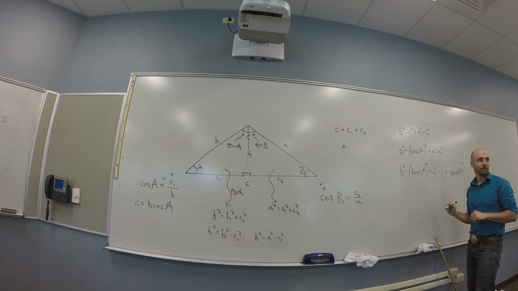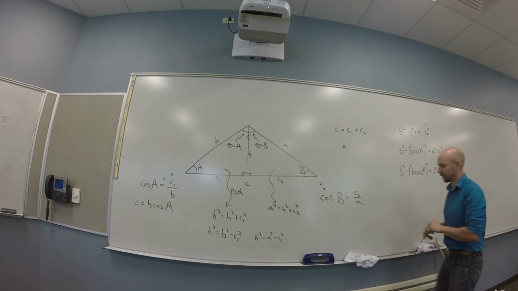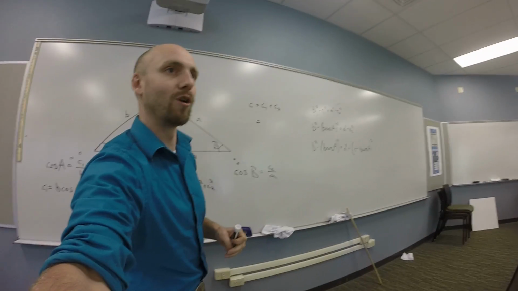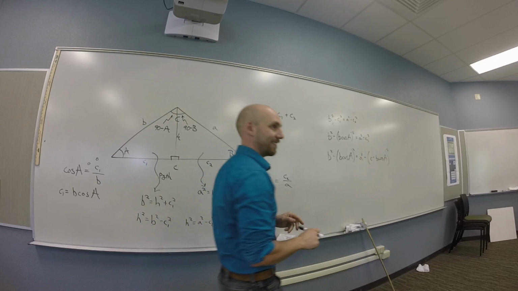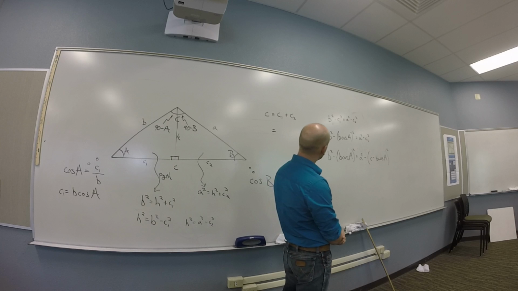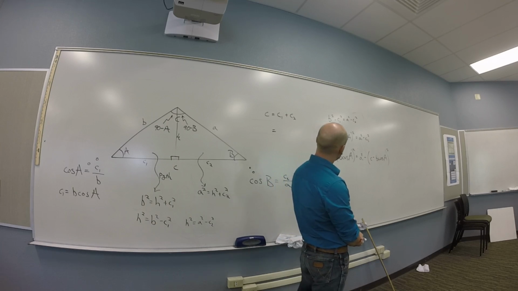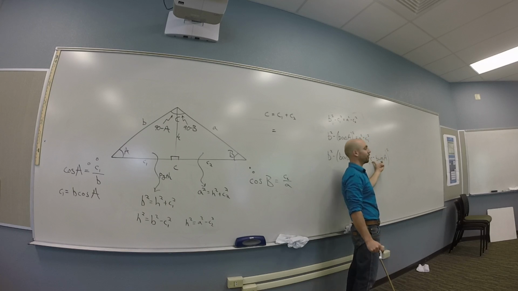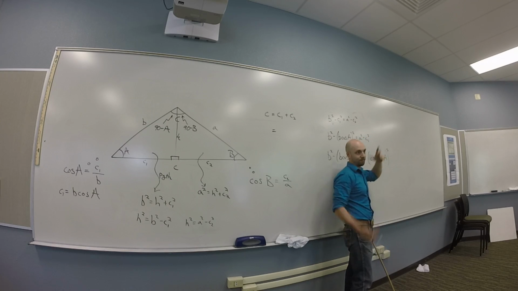You guys all see that? Why did I need to square the second one? Because C2 is squared. So this is C2 apparently, and I squared it.